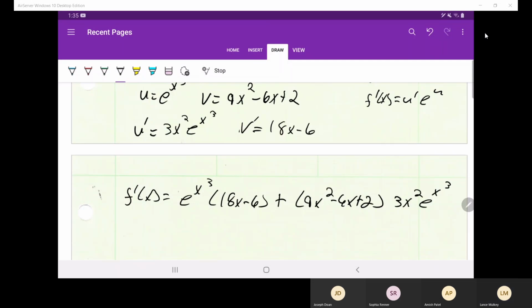Now, we could simplify this. I'm going to let you know right now, it's kind of a waste, because x squared will be the highest thing, so you'll just add all that together. So we're just going to call this the final answer. If he asks you on a test, I recommend simplifying this. But, yeah.